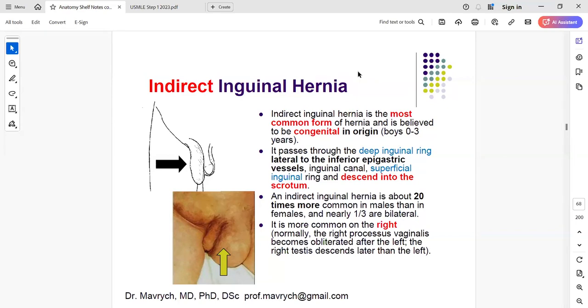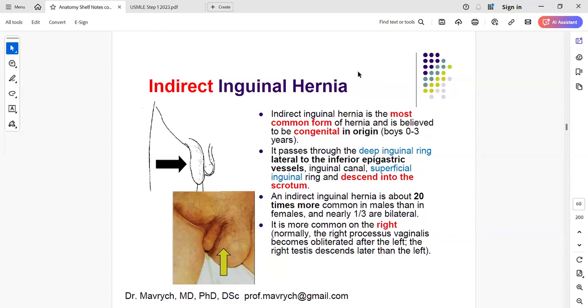Whenever we talk about the indirect inguinal hernia, it's always lateral to the inferior epigastric vessel, right? So the mnemonic to remember this is IL. Indirect would always be lateral. And then direct would always be medial to the inferior epigastric vessel. Mnemonic is DM. DM as in direct message, right?